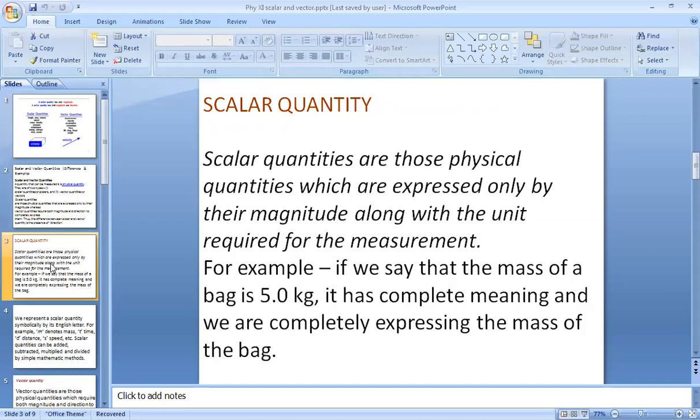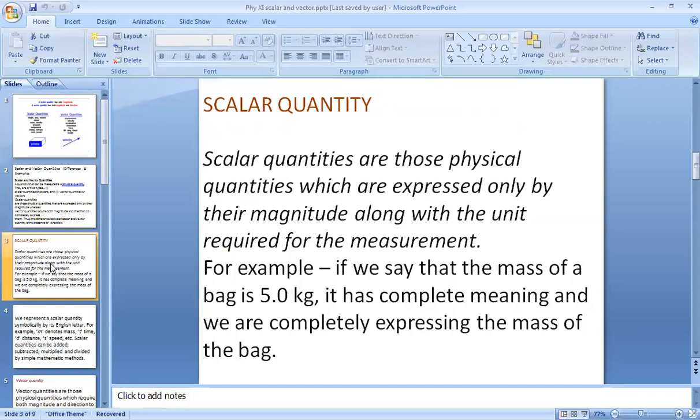So here is one very clear example. If we say that the mass of a bag is 5 kg, it has complete meaning. Mass of a bag is 5 kg means that we don't need to say the direction. If we add a direction with mass, it will create confusion, and that will be difficult to understand. It has complete meaning, and we are completely expressing the mass of a bag.